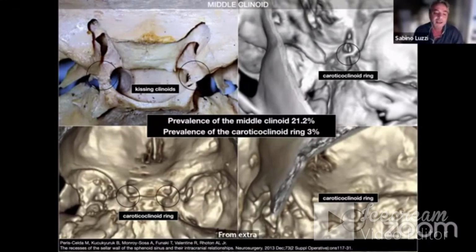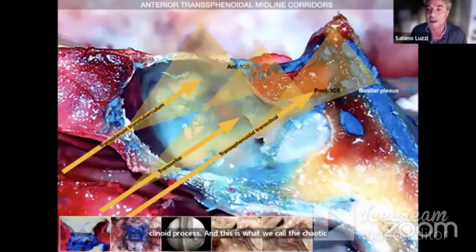And here, at the level of the middle clinoid, we can have a bony bridge between the tip of the anterior clinoid process and the posterior clinoid process. This is what we call the carotidoclinoid ring, and this should be part of the planning of the transcranial approach for this kind of skull base approaches.